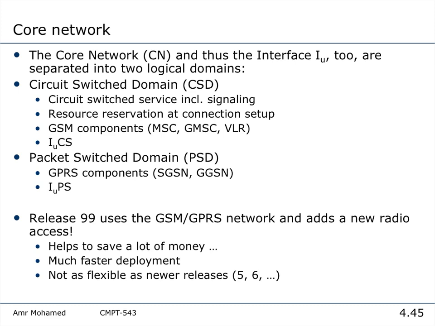So release 99 uses the GSM GPRS core. So again, there was no convergence until release 5 that it becomes completely all IP. The core network becomes all IP, and there is no mention of circuit switching anymore. Okay? It becomes all packet switching and all IP. So that was introduced in release 5.